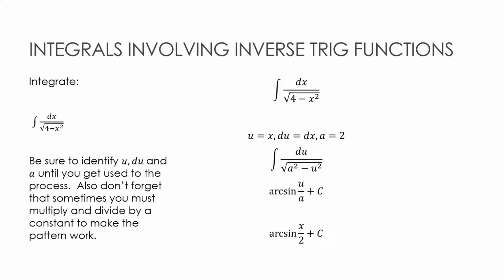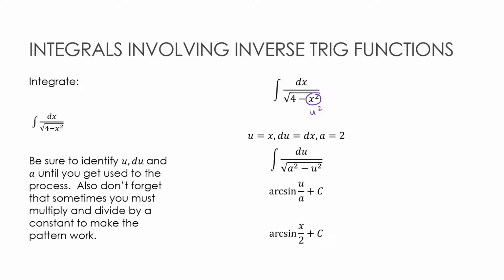So again, if I'm integrating, here I have find the integral of essentially 1 over radical 4 minus x squared. So what I know is that u is always going to be something that includes a variable. So when I'm looking at this guy, x squared is u squared.